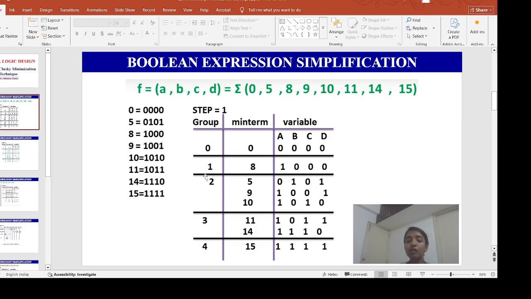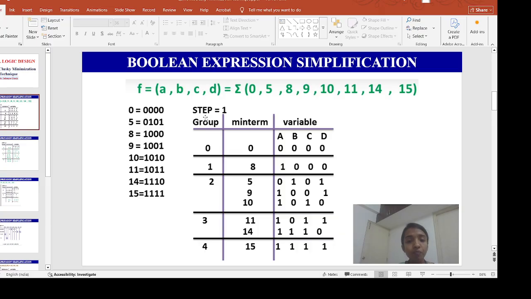Then we have to identify another group where the number of 1 is 2. Then another group where the number of ones is 3. Then another group where the number of ones is 4. And we have to write the corresponding min terms.